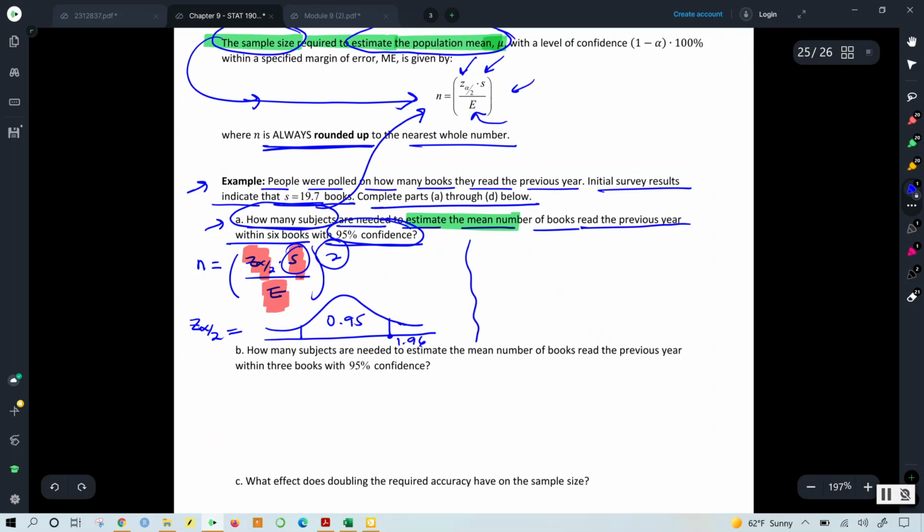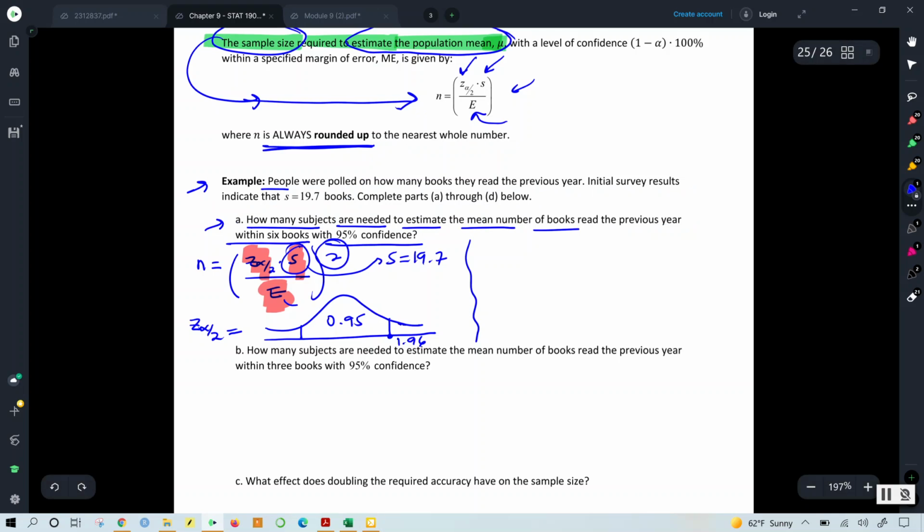Then what about S? We were given S earlier. S is 19.7 books. And the margin of error, E, we're to have this within 6 books. This is 6. So we can plug everything in.